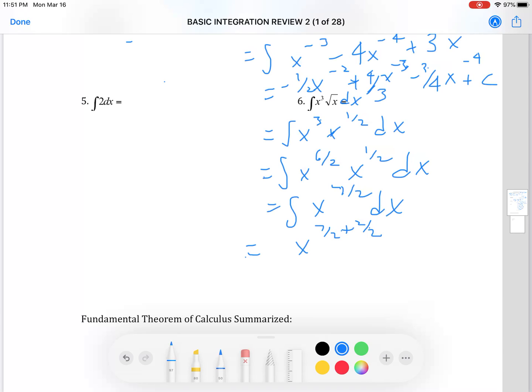So this would get us to a total of 9/2. I'm just going to erase that and call that 9/2.